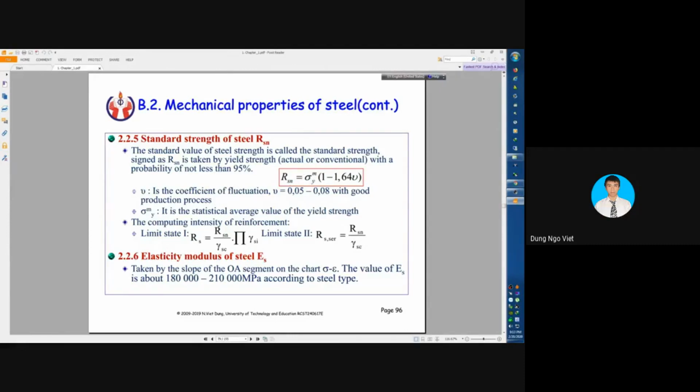In this formula, nu is the coefficient of fluctuation, and usually this value varies from 0.05 to 0.08 with a good production process. And the stress sigma my is the statistical average value of the yield strength. After we calculate the standard value, we can estimate the computing intensity of reinforcement for limited state 1 by this formula, and for limited state 2 by this formula. This is the computing intensity of reinforcement.